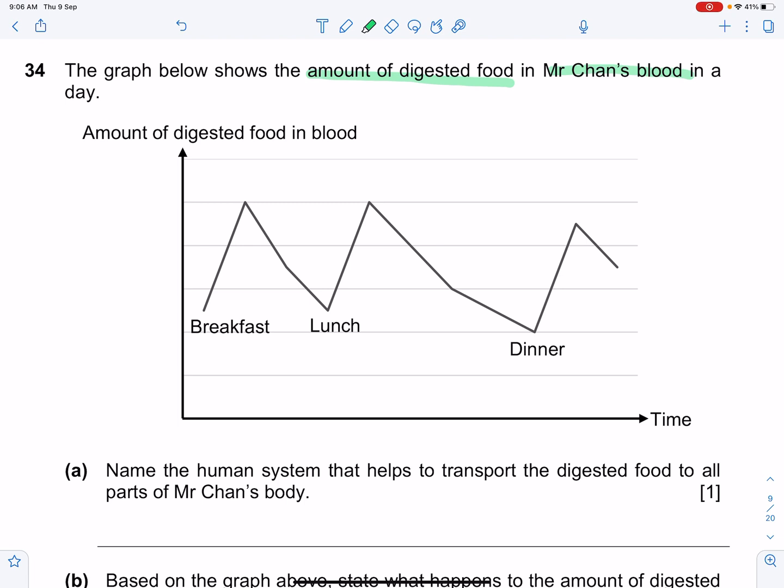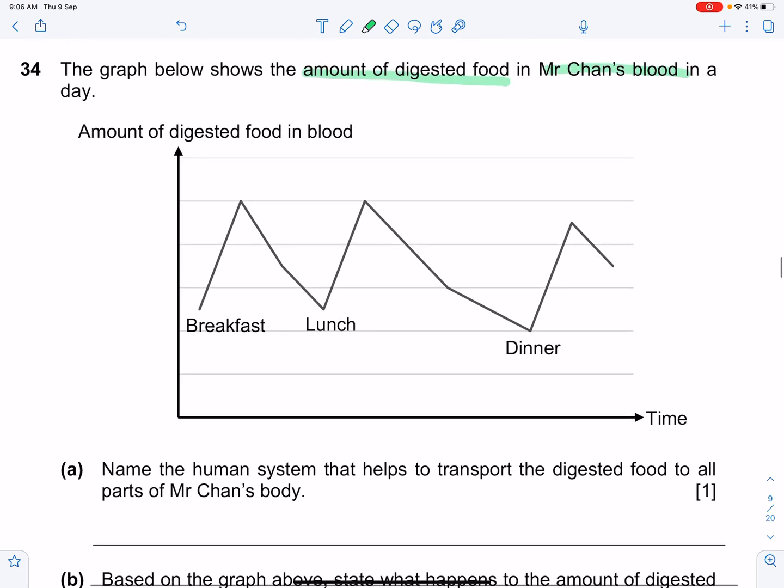It gets absorbed in the small intestine into the blood. That's the time whereby you will actually get into the blood. So you look at it, right? Okay, so this is a trend question. I tell you, trend questions sure come out. So true enough, this other Pppp1 paper basically had trend questions as well. You need to describe and justify.